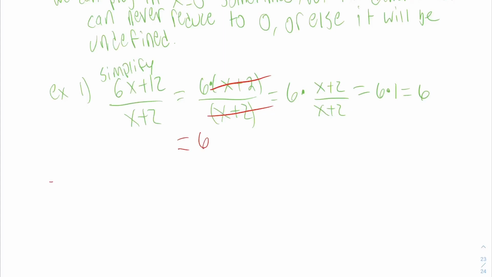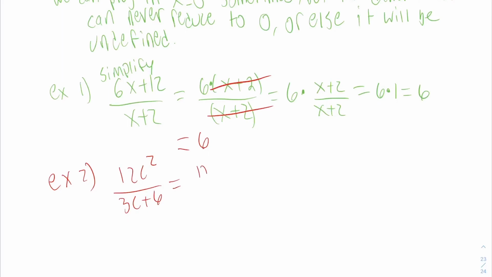Example 2: 12c squared over 3c plus 6. So we see that we have something squared in the top and nothing squared in the bottom. And we have two things in the bottom, so that means we're probably not going to cancel out any of the variables because we only have one thing on top but two things in the bottom.